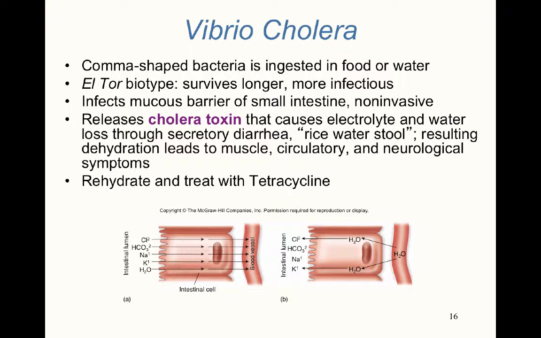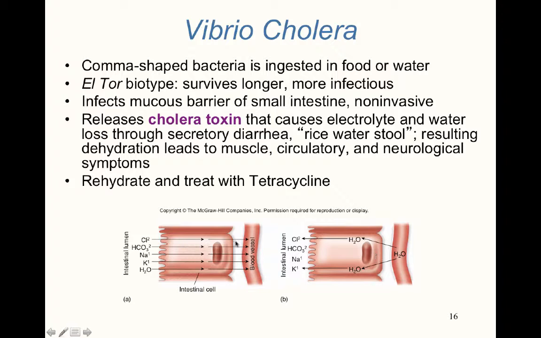So the cholera toxin will essentially initiate the release of ions, electrolytes, and water from intestinal epithelial cells, causing severe dehydration, leading to muscle, circulatory, and neurological symptoms. And there's this characteristic symptom here of rice water stool. So as far as treatment schemes, oral rehydration therapy, tetracycline.